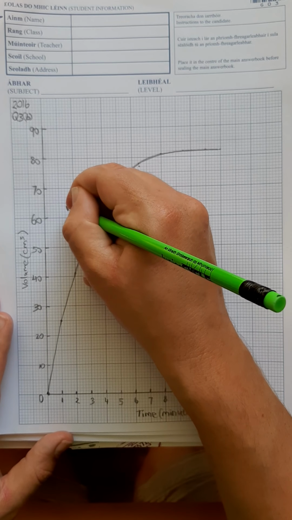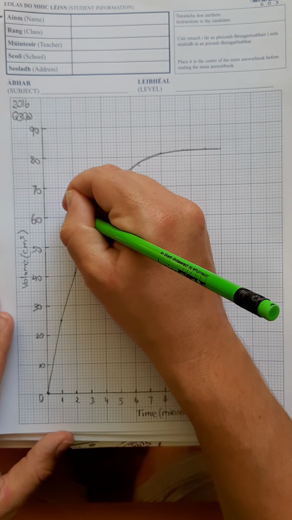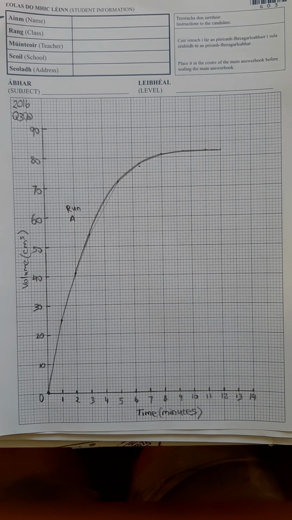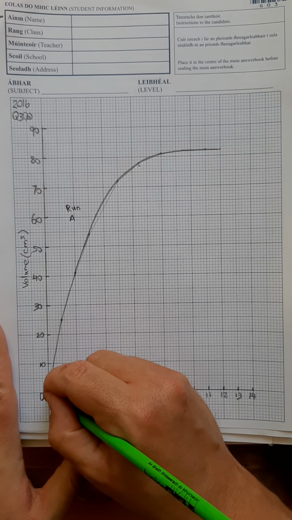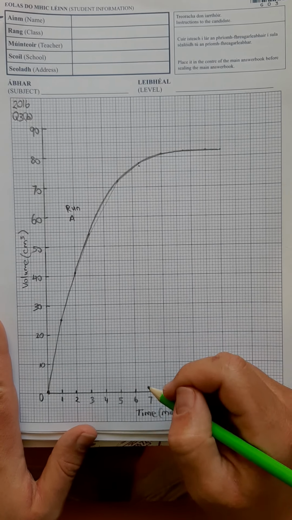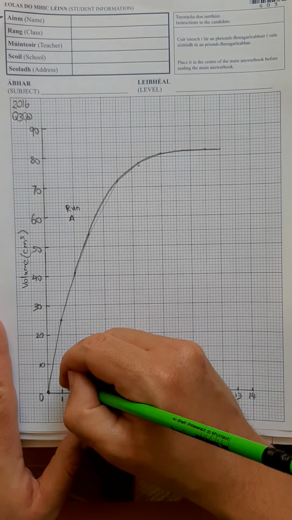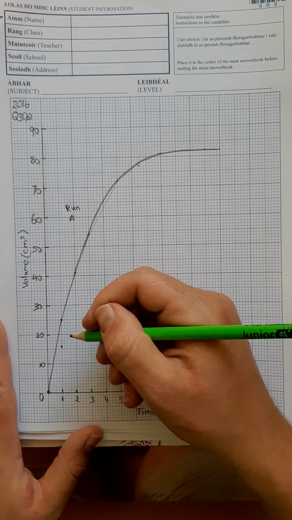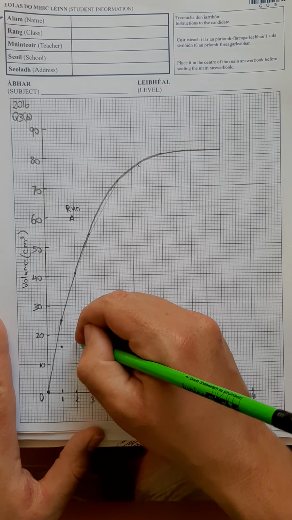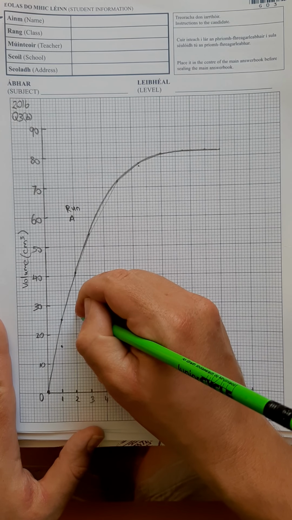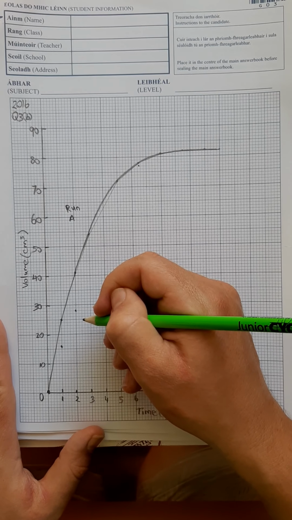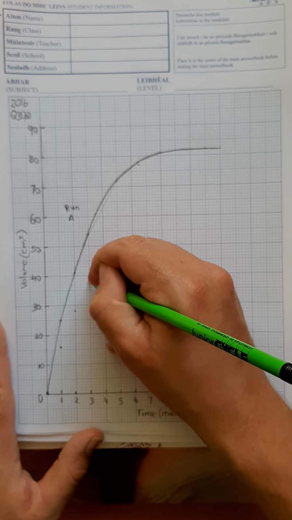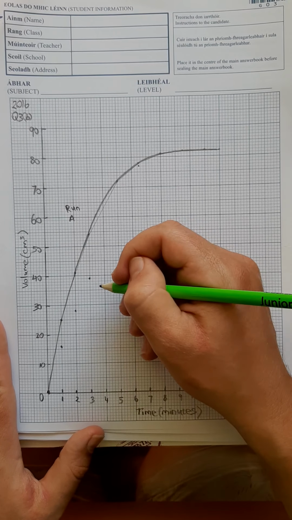And I'm just going to write run A there next to that one. The next one that we're going to do is run B. And again, we're going to plot the points. 0, 0 again is the first one. The next one is 1 and 16. Then we have 2 and 28. We have 3 and 39. Then we have 5 and 57.